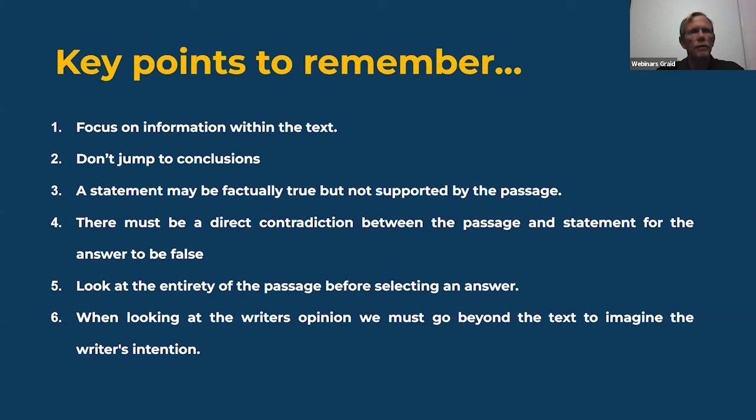In cases like this, we do need to use some logic, and we do need to go beyond the passage to find the correct answer. But there will be clues in the passage. There will be words and sentences that give us a sense of what the writer is trying to say.